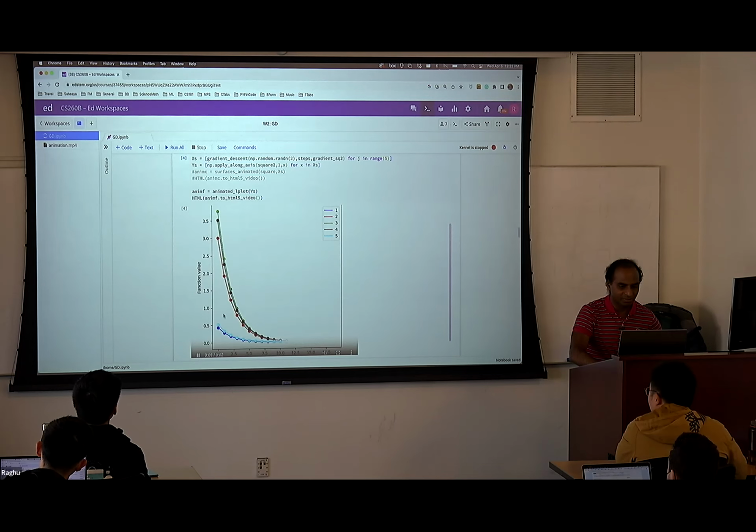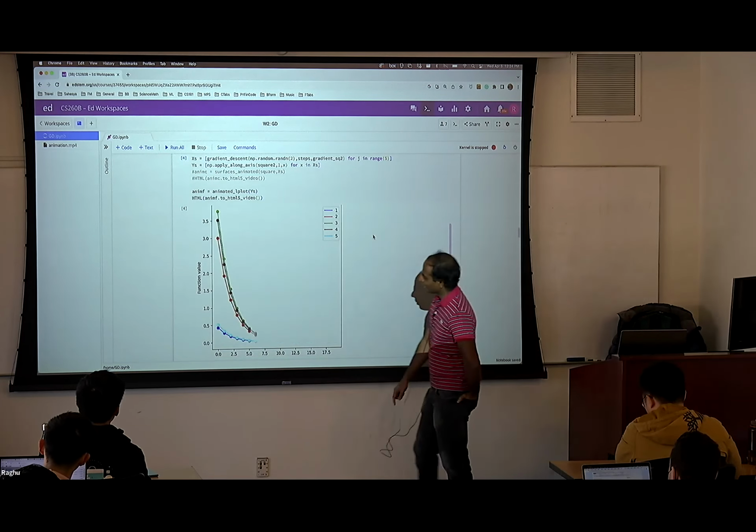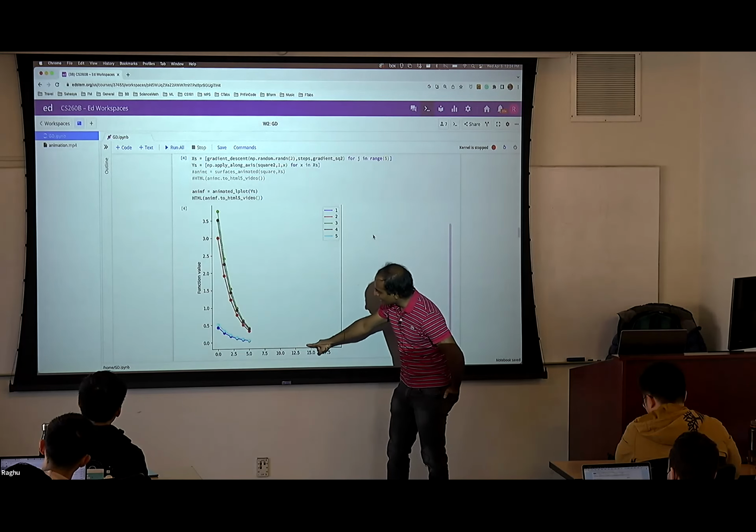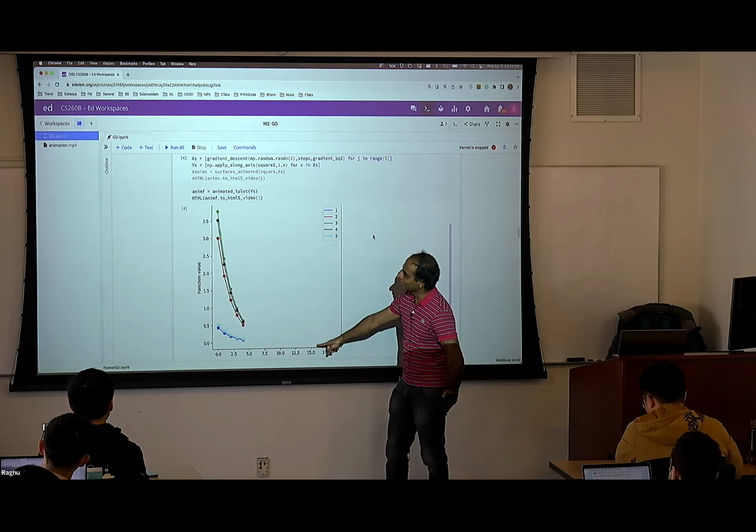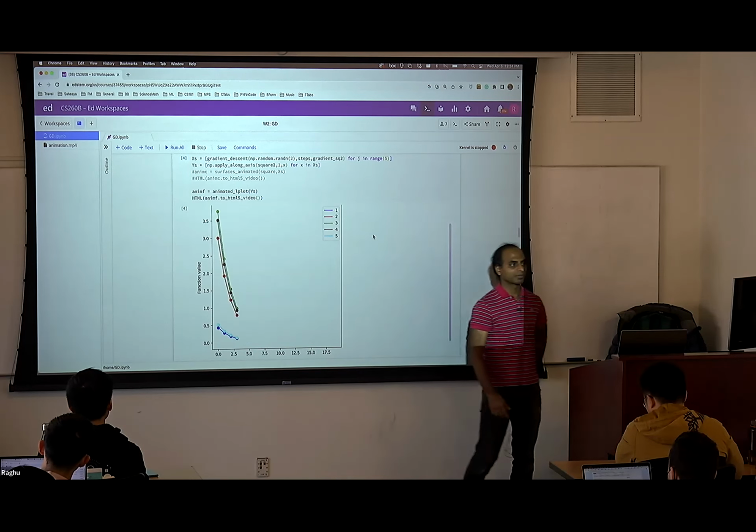If I take step size 5, somehow I'm going like this. And each time you're starting from a random initialization point, so that can change where you're starting. In all of these cases, you're quickly converging to the actual minimum, which is 0, 0. So the loss function value is actually going to 0, which is what we want.